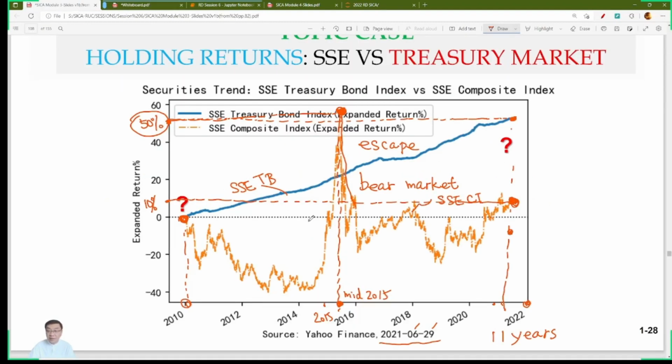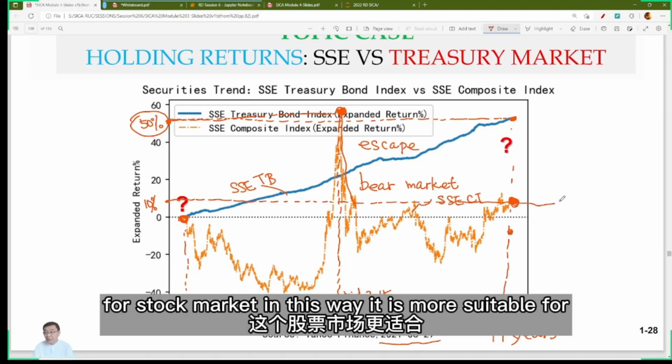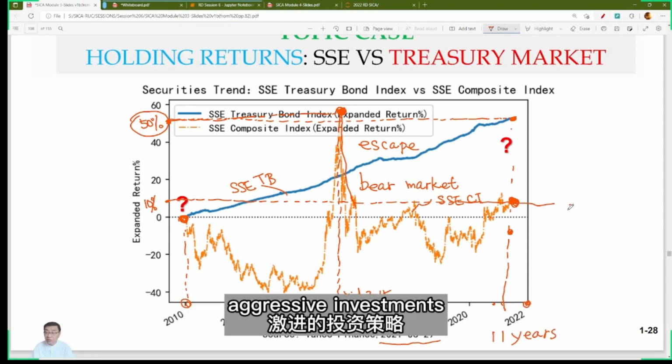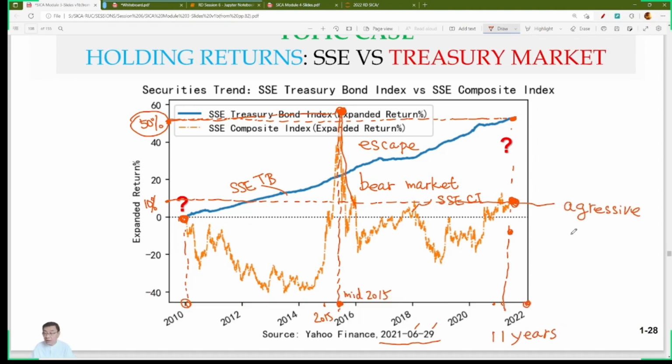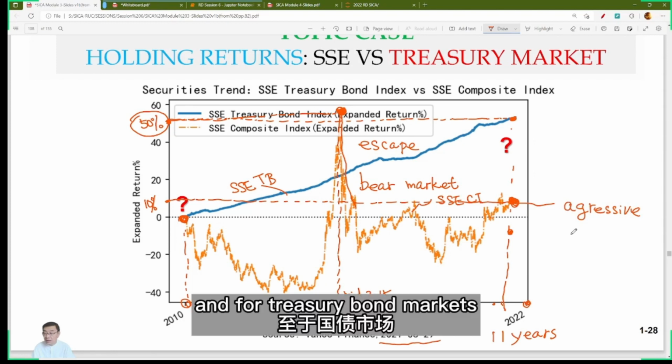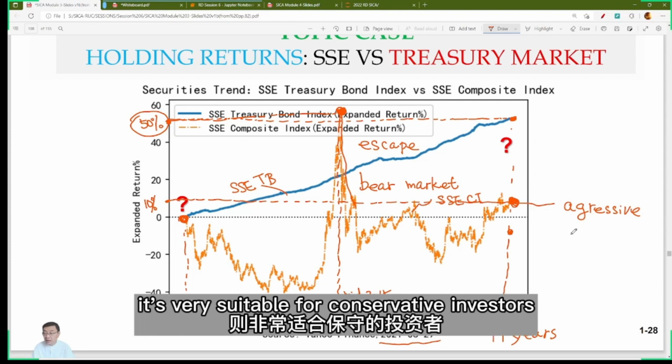For the stock market, it is more suitable for aggressive investors, right? And the treasury bond market is very suitable for conservative investors.